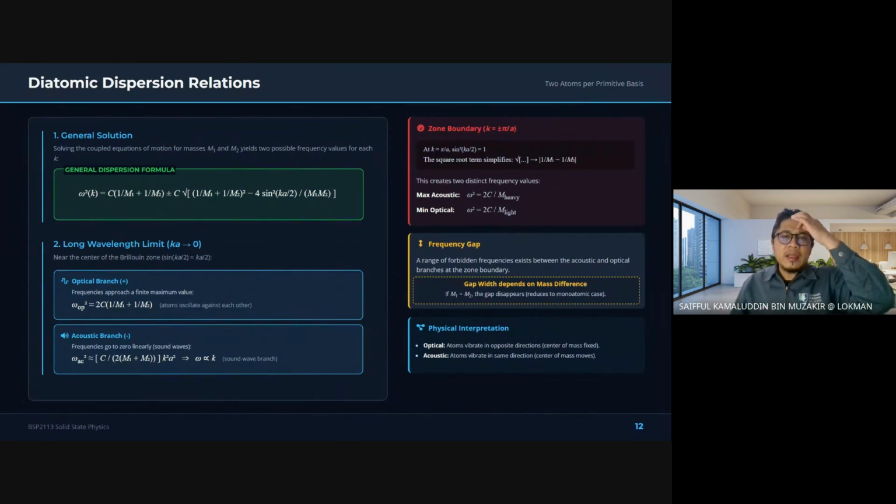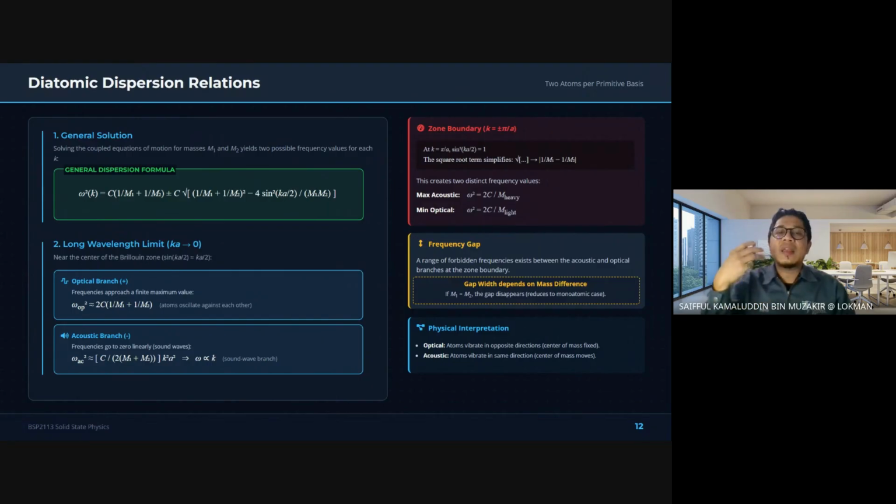Now we can clearly name the two branches. The first branch is the acoustic branch, acoustic phonon. In this branch, neighboring atoms tend to move together. The first, second, third atom tend to move together, especially for long wavelengths. This is why it behaves like sound, and why its frequency becomes very small near the center, at gamma, where k equals 0 and the frequency is also 0.